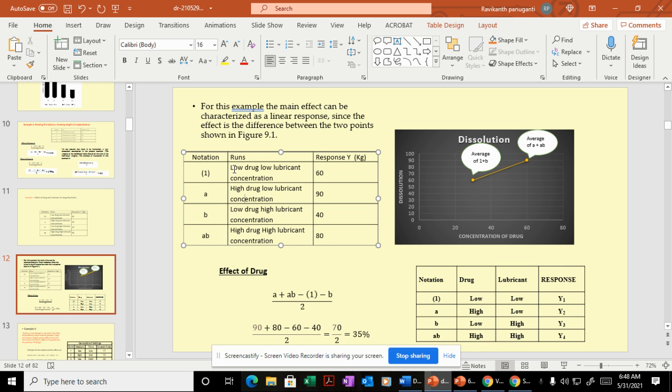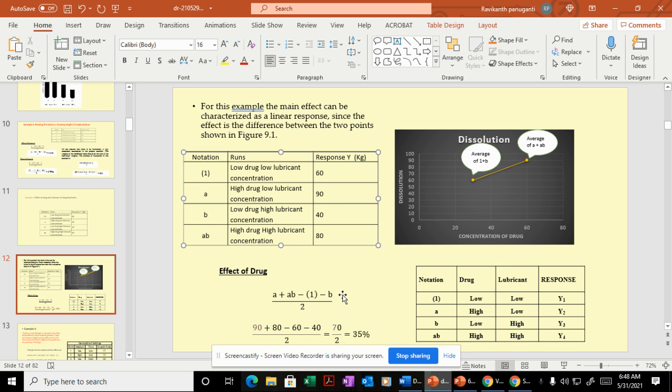So when we see these two experiments, if we increase the drug concentration from the low level to the high level, we feel that there is a 30% increase in the dissolution. 90 minus 60 means 30. So we feel that as we go from low level to high level, the corresponding increase in drug dissolution is just 30%.